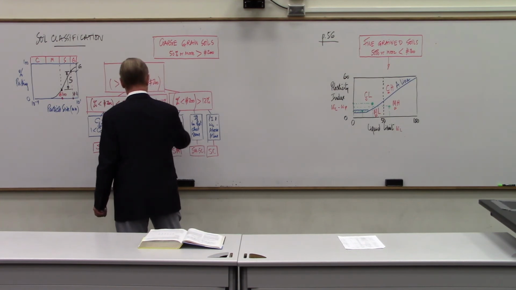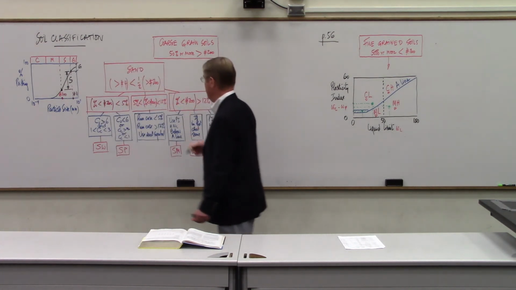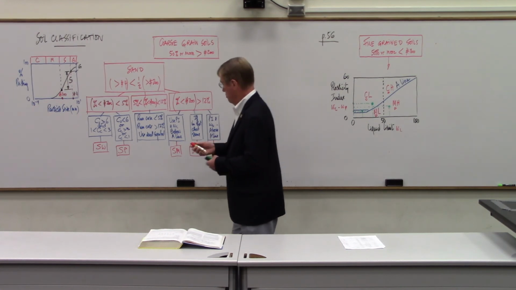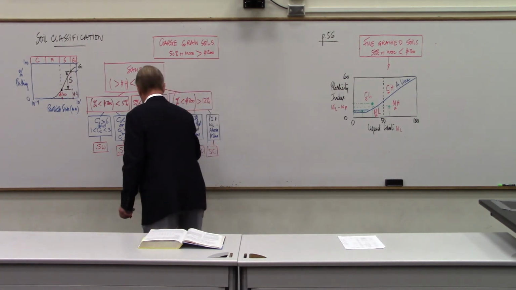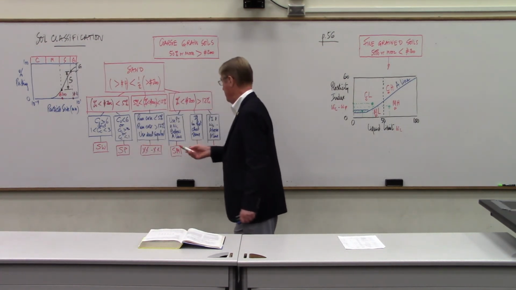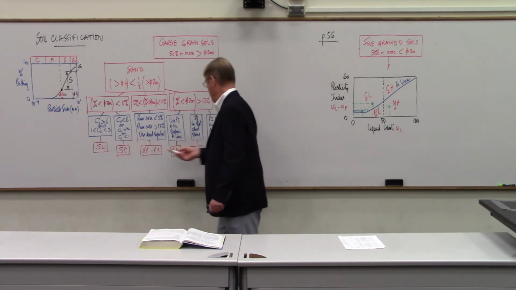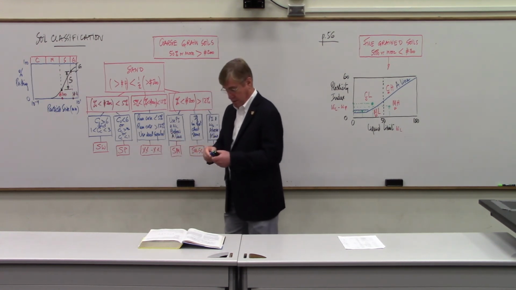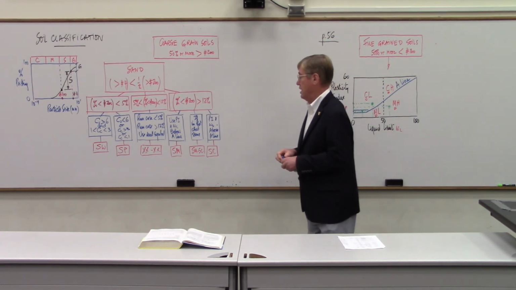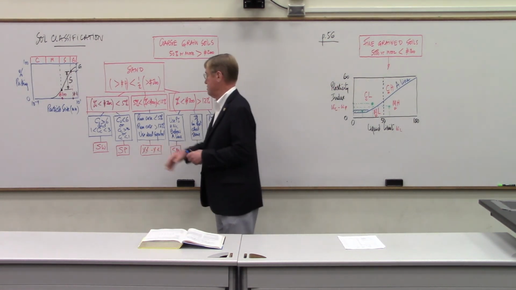So when you're in between 5 and 12, here you're going to be using dual symbol, something that will look like this. So it could be SP, SM, or it could be SW, SC, you have to use both sides of the flow chart and end up with your dual symbol classification.